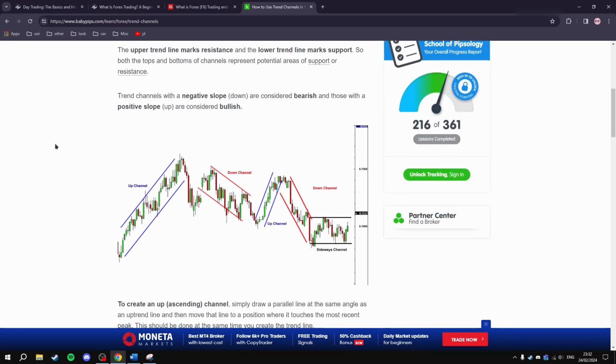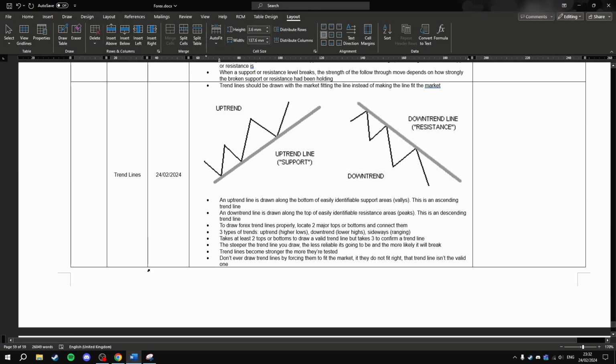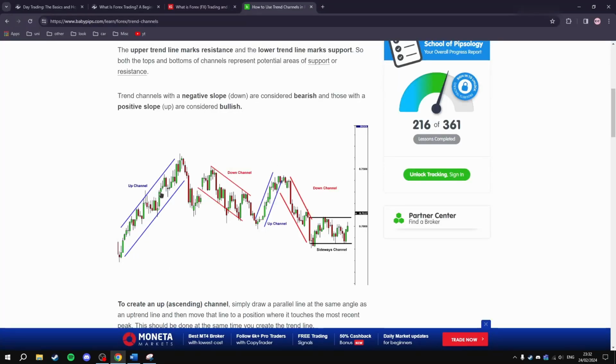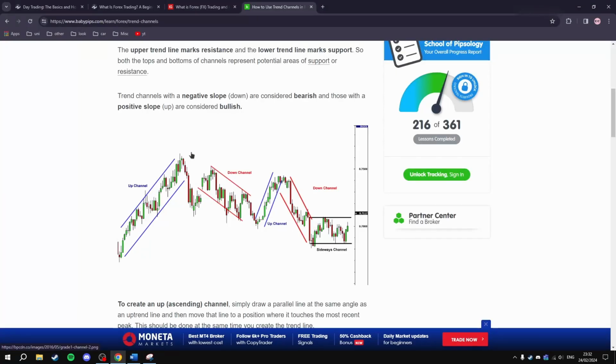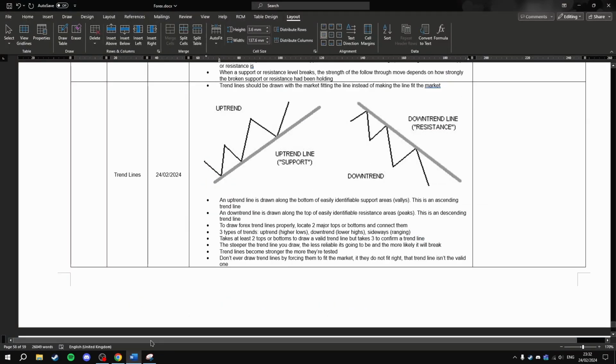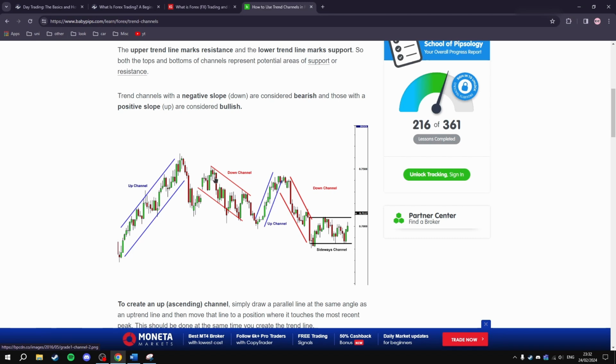So you place it above it if it's going up, aka bullish, and then you place one below it if it's going down, aka bearish.